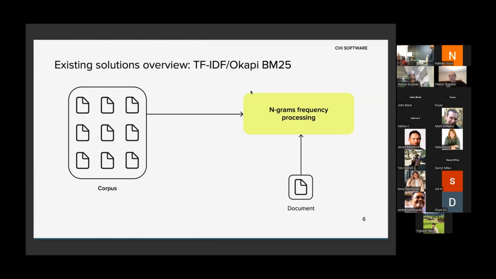In TF-IDF, we are going to find the parts of documents, or some documents, by processing the query, which is an n-gram that we process, and n-grams that we collect from the documents that are already in the storage.